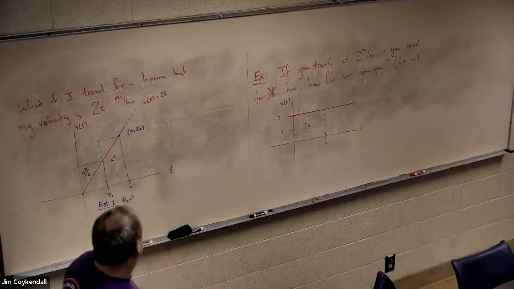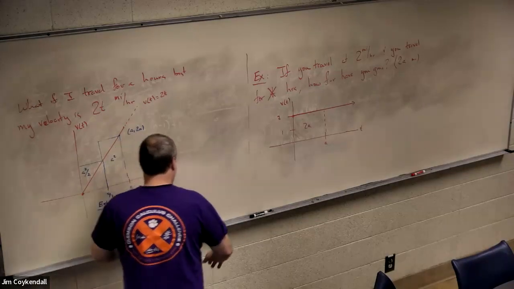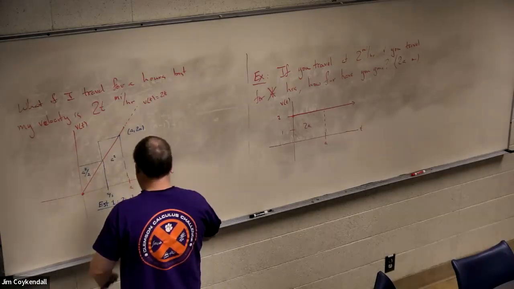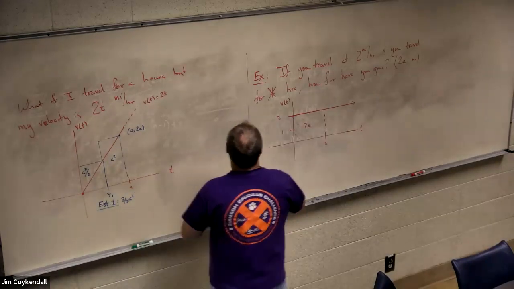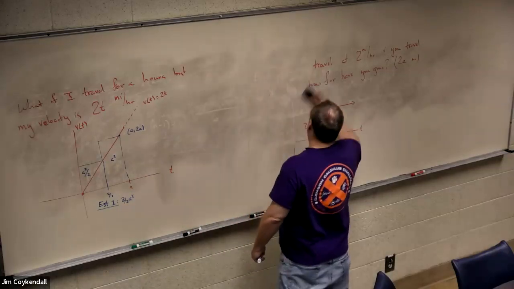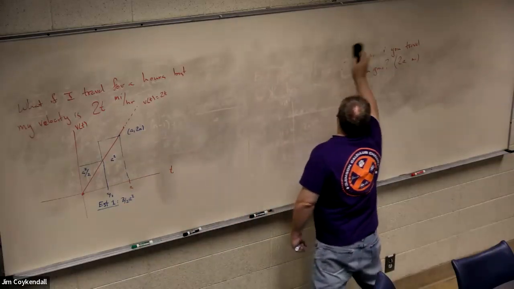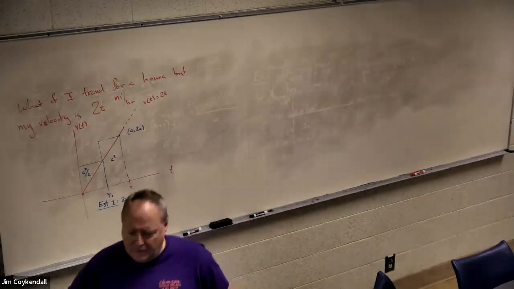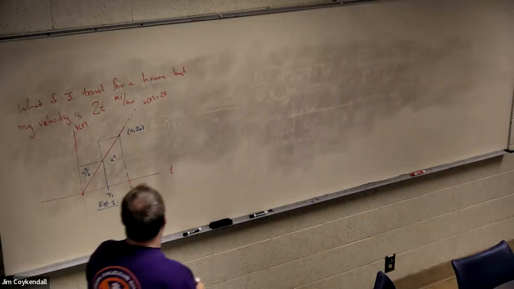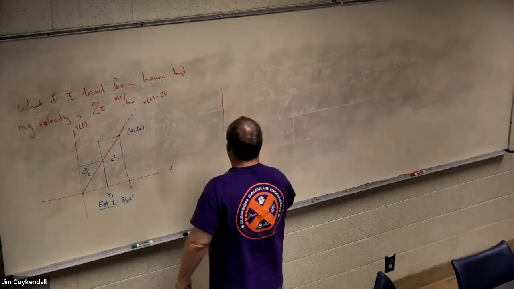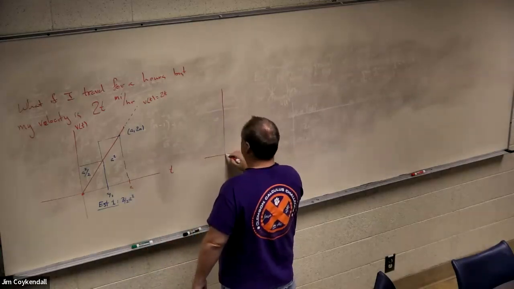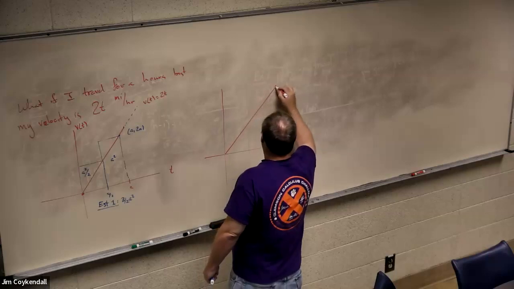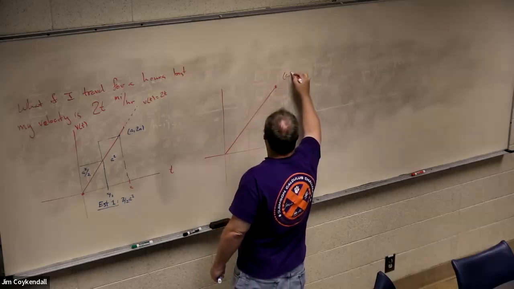Let's break it up. Let's see how this changes things. And of course, if you've got a computer, it'll go real fast. Let's break it up into a smaller chunk, A, 2A.